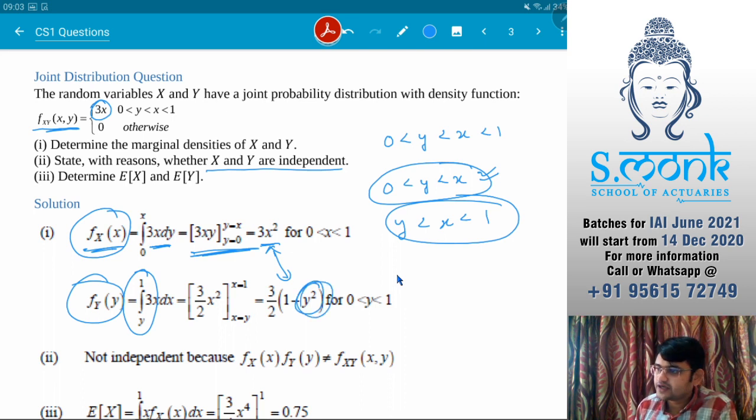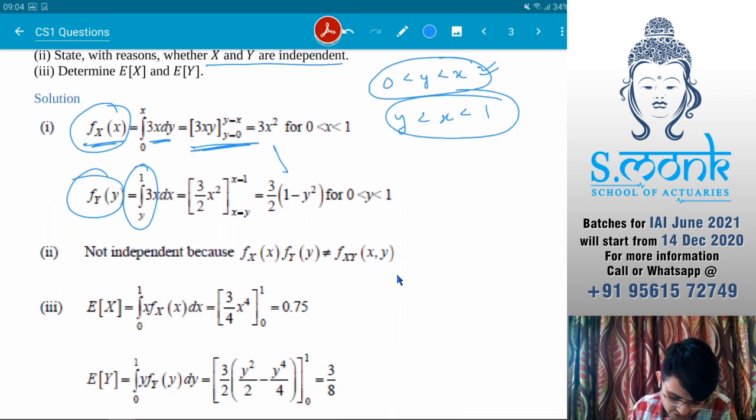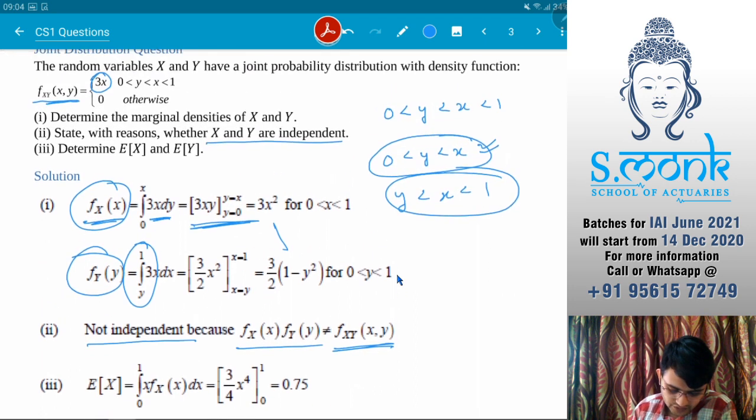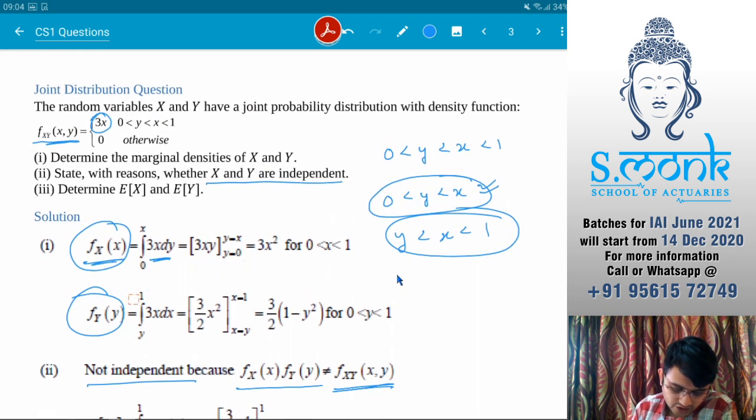So we will not be able to eliminate y, and we can say that they are not independent of each other. You can directly write that f of x, f of y is not equal to f of xy, and therefore they are not independent. You don't need to show more than that.